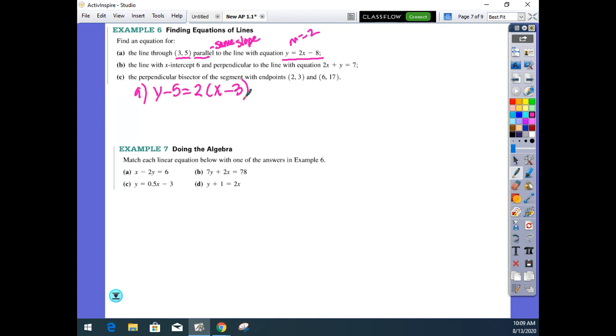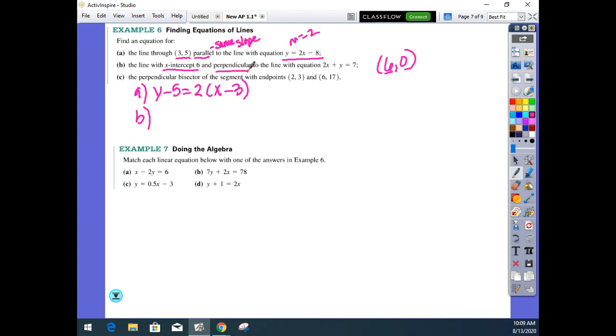Done. Leave it alone. B. X intercept of 6. Anytime they're giving you an intercept, they're giving you a coordinate point because the other coordinate point is 0. The x is 6, the y is 0.